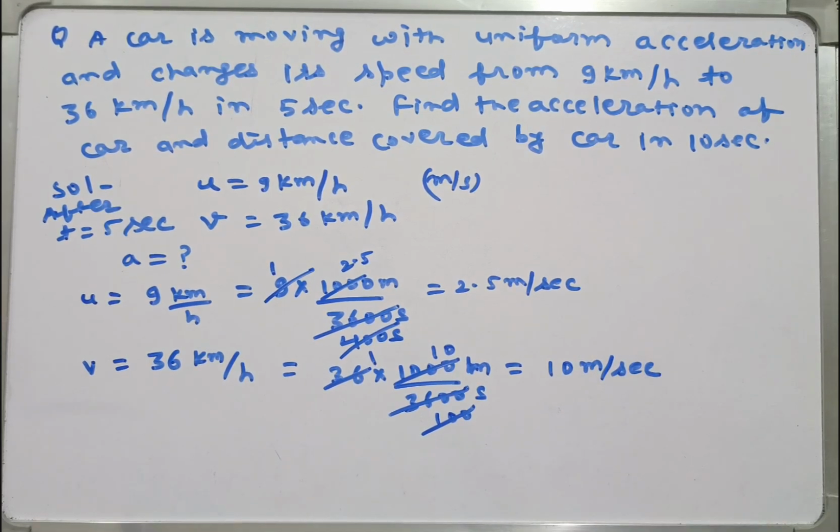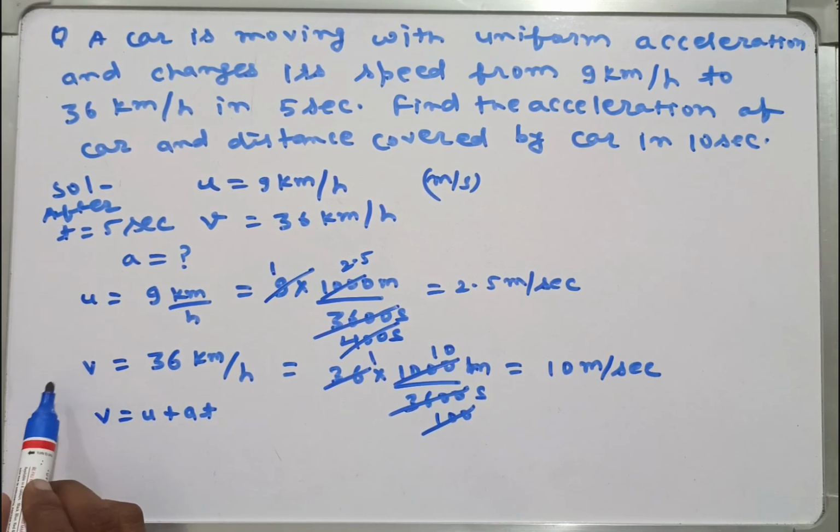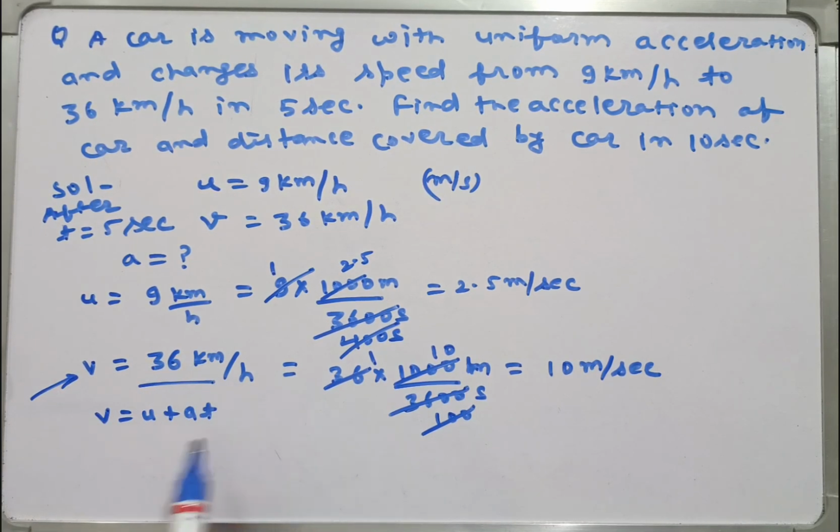We know v equal to u plus at. Here v is 36 kilometer per hour after time elapsed of 5 seconds, so we can write it as 10 meter per second.